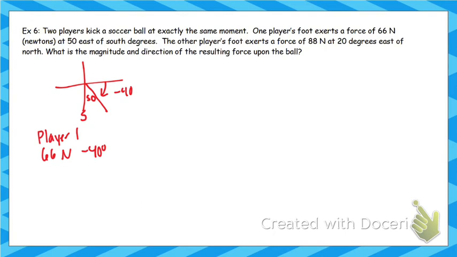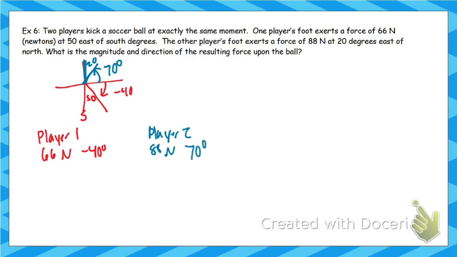So here's soccer player 1. He's got 66 newtons of force at negative 40 degrees. All right, let's find player 2. Player 2, he's got 88 newtons of force, 20 degrees east of north. So here's north, 20 degrees east of it, there's 20. If I start at 0 and move over there, I have moved 70 degrees.